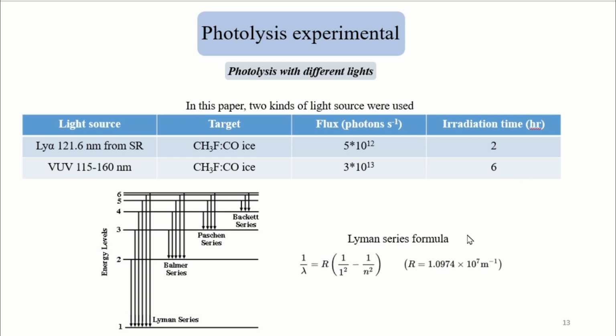What is Lyman alpha? According to the Lyman series formula, Lyman alpha is when n equals 2. After calculation, the Lyman alpha light will be 121.6 nanometer.